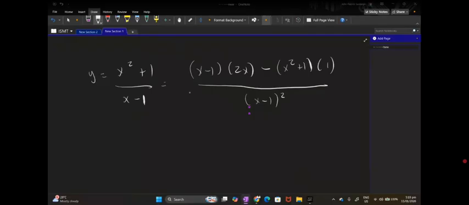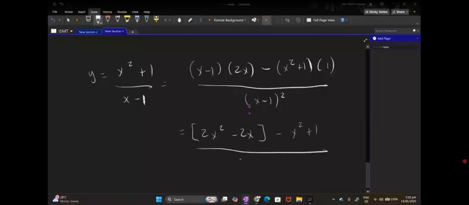So, pwede na natin siyang i-simplify dito. 2 minus x squared plus 1 minus 1 squared. So, notice na pwede natin makancel to.